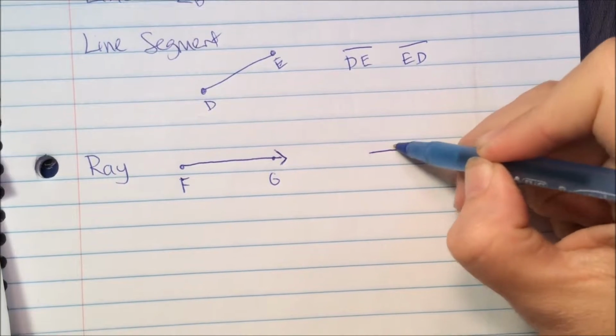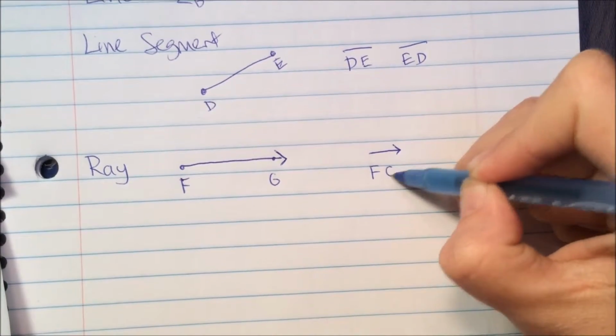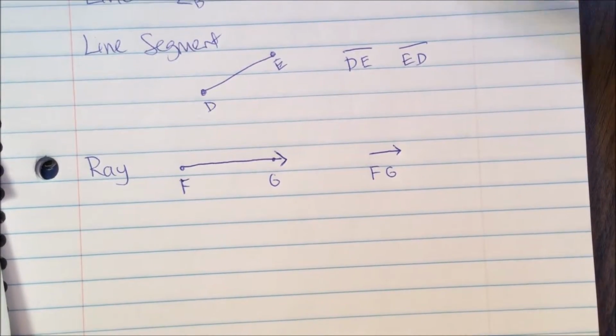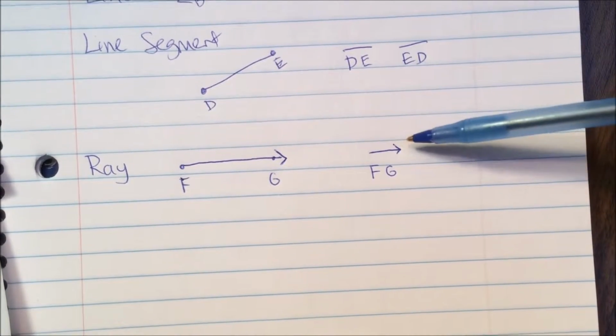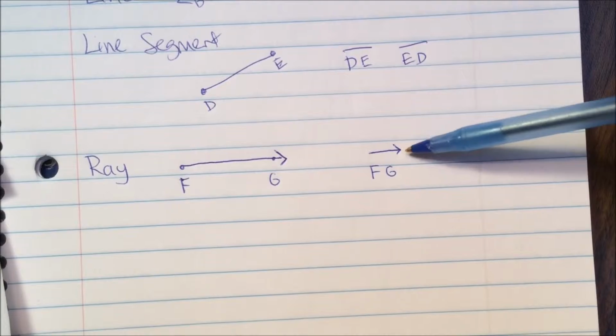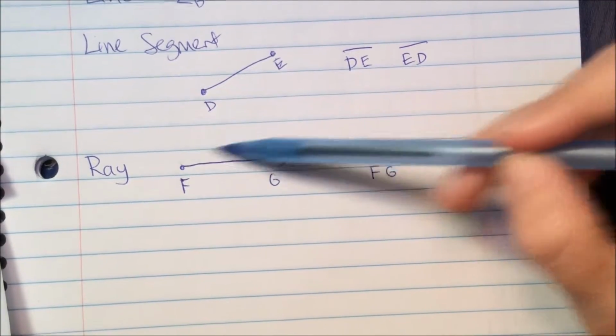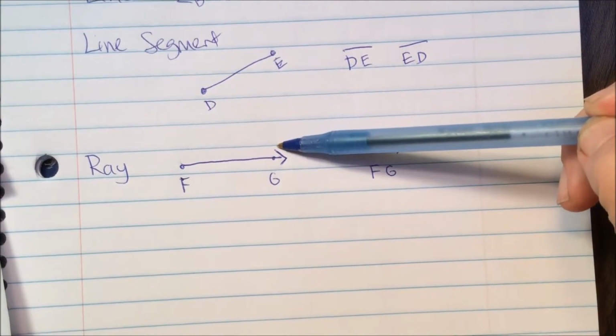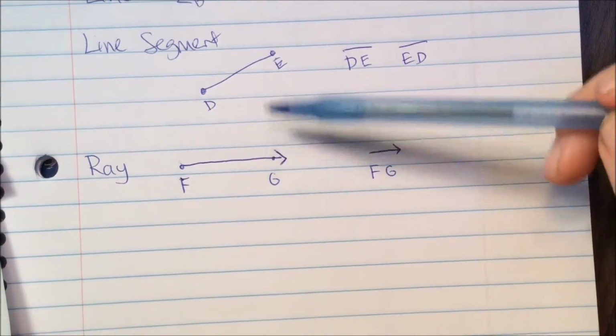Like this is ray FG. It cannot be named ray GF because you can't change the arrow around. It starts at F and it goes toward G. It's not the other way around.